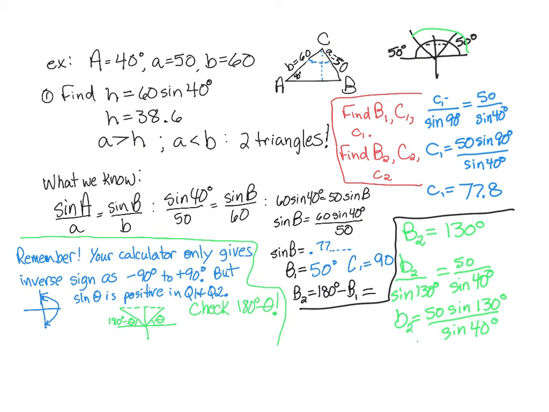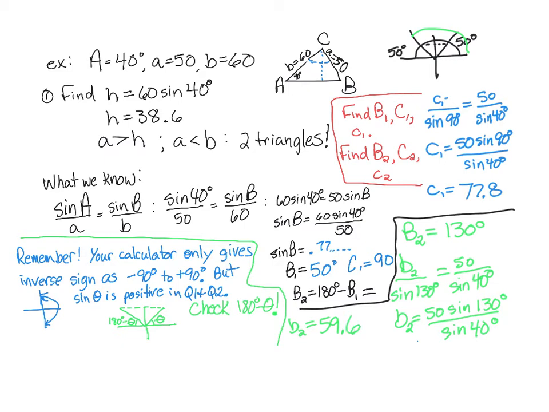So B2 is going to be, hold the phone, 50 times the sine of 130 divided by the sine of 40, and I get 59.58, so 59.6.